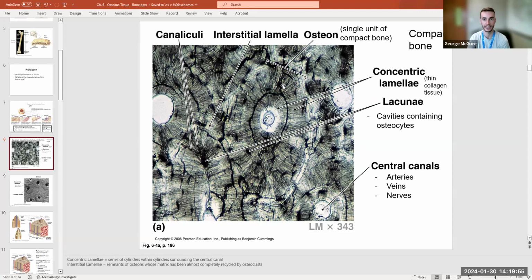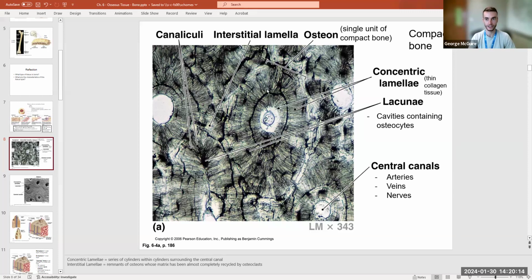Throughout this osteon, we have a few different layers of lamellae. These lamellae are essentially circles within circles, and I'll show you in a couple of slides here why we have those lamellae or what function they serve, having them separated that way.